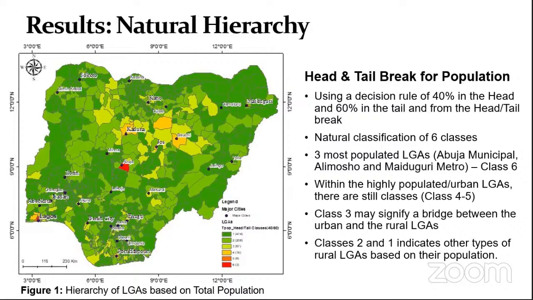But now, looking at the natural classification within the data, we are letting the data do the talking. We realize that there are 6 classes and there is a spectrum. So if we want to look at local government from the point of view of population, we need to look at about 6 natural classes.